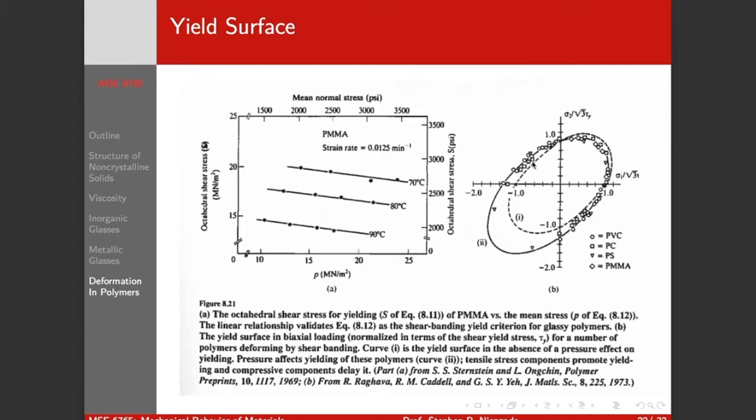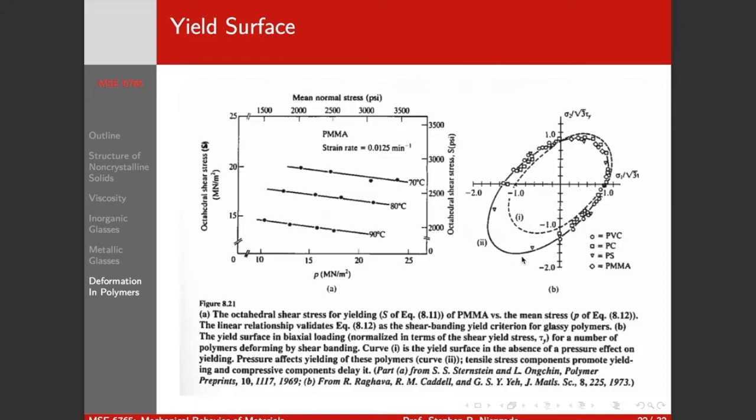But for polymers, these are really, really useful ideas because we only have the mechanism, the chain alignment, right? The shear banding and the chain alignment, and the macroscopic stress.